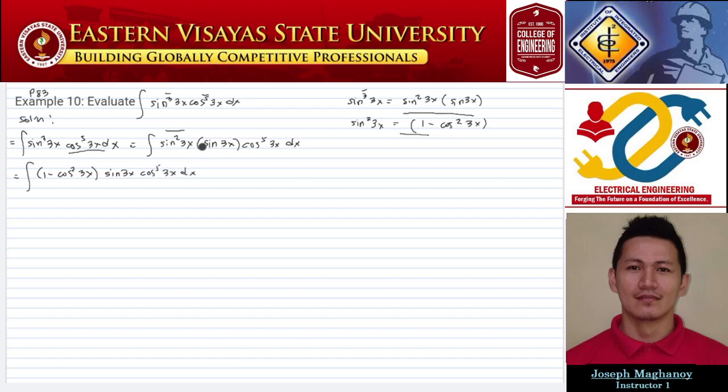So what is our next move? We need to expand this binomial by distributing its neighboring function inside the quantity. So what will happen?